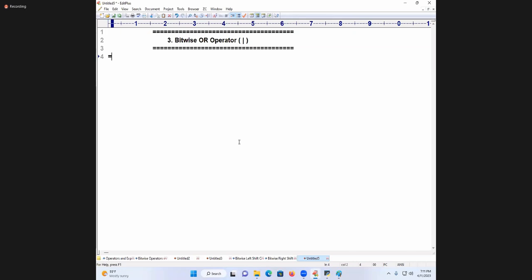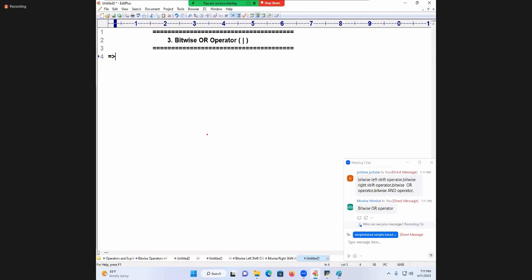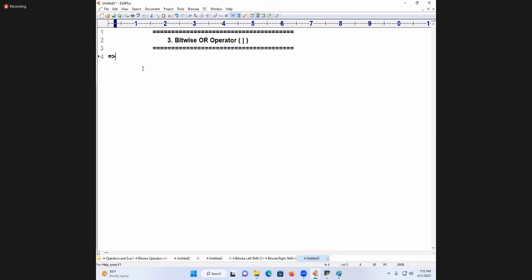A lot of people, which I observed, say the bitwise OR operator is something like the OR operator, that both of them will be similar. Let me show you: the functionality of the bitwise OR operator is completely different from our logical OR operator.